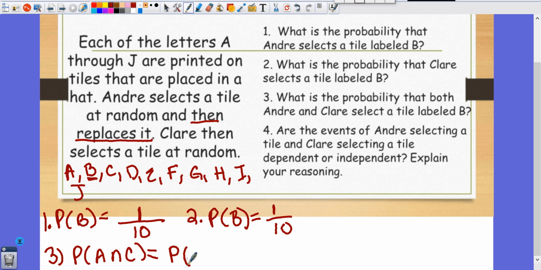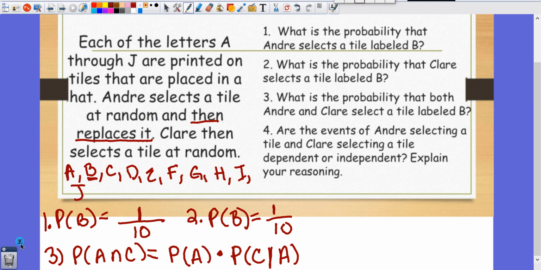First I'll say what's the probability of Andre getting the letter B, and then I want to multiply that by the probability of Claire getting the letter B after Andre has gotten the letter B. And the situation tells me that Andre replaces it.